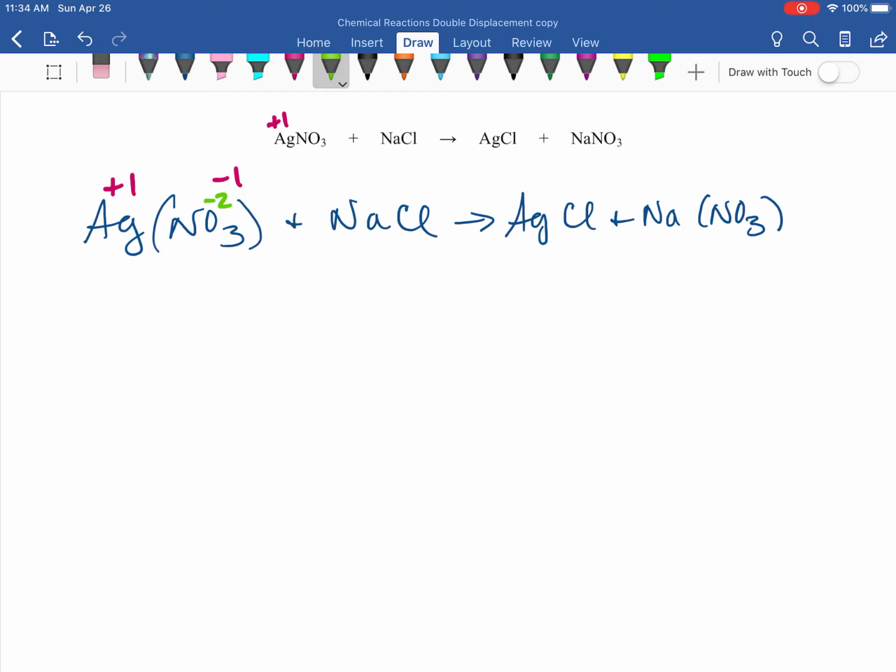Sometimes they change. Sometimes they don't. So it's good practice. Let's just write them out anyway. All right, so we start with oxygen. It's the most electronegative. That is going to follow the rules. That's -2. Now remember, we have to add up to a -1. So what does nitrogen have to be? It's got to be a +5.